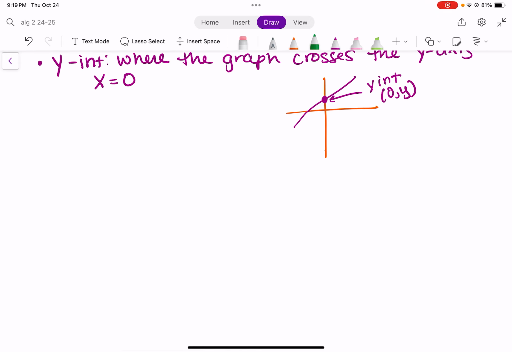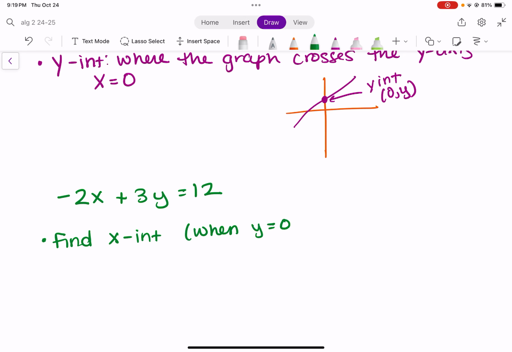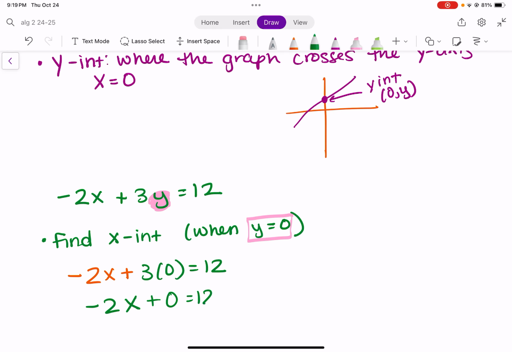So for example, let's say we have negative 2x plus 3y equals 12, and we're trying to find the x-intercept. This is when y equals 0. I know that in the x-intercept, y is always going to be 0, which means I can plug in 0 for y, and this term just becomes 0, which I don't really need.